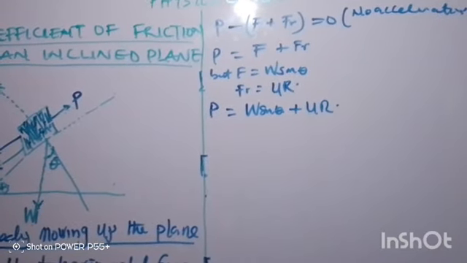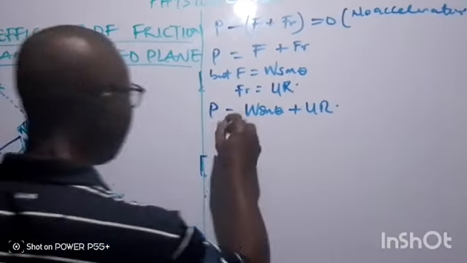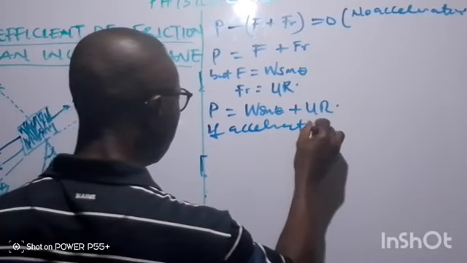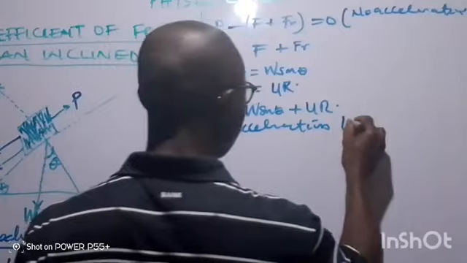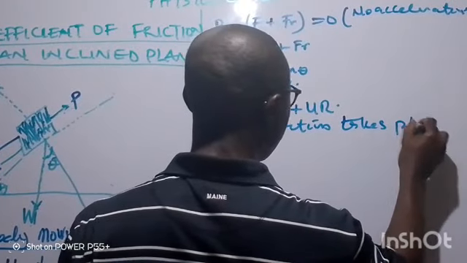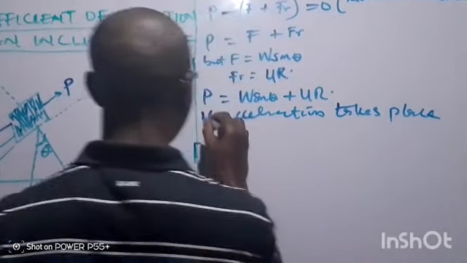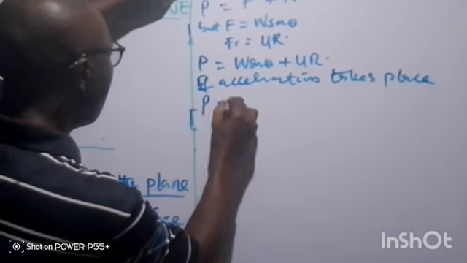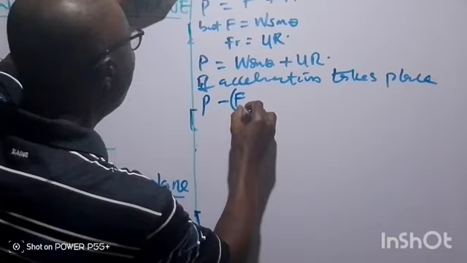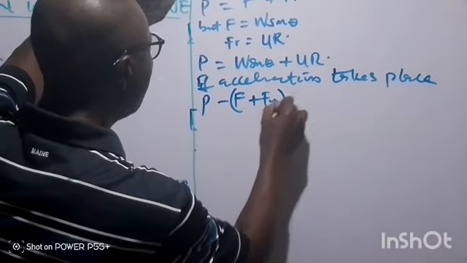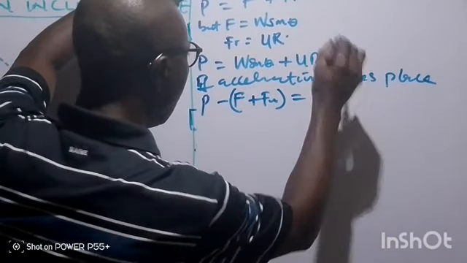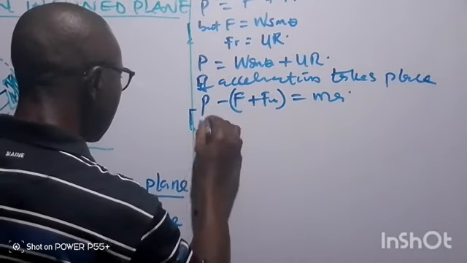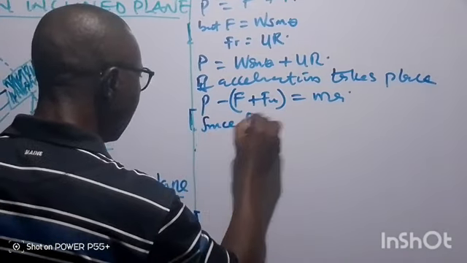That is when there is no acceleration. But if acceleration takes place, then we are going to have P minus F plus Fr in bracket equal to ma.